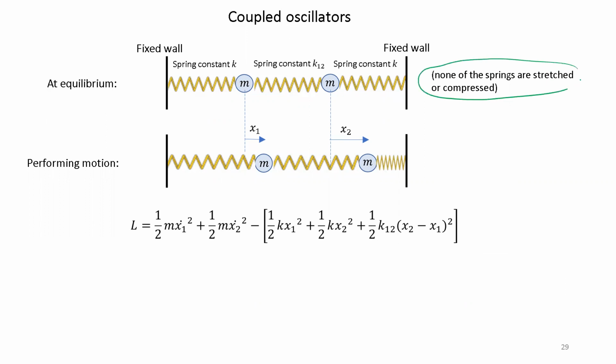I no longer have this condition. Initially, what we were considering is that none of the springs are stretched when I set these things up. Now imagine the following. When I set these things up, they are already stretched a little bit.